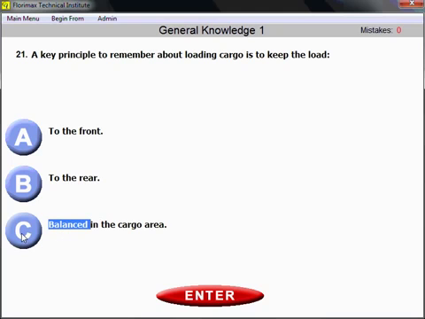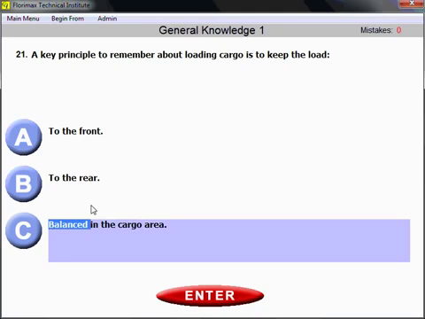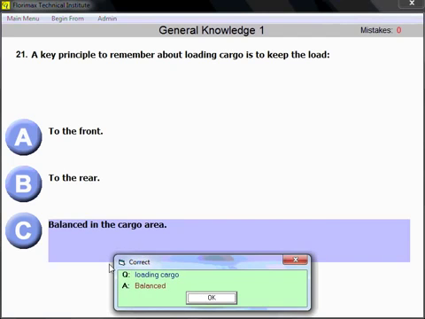You need to balance the cargo, the load in the cargo area. Keep it balanced in the cargo area. Balance.